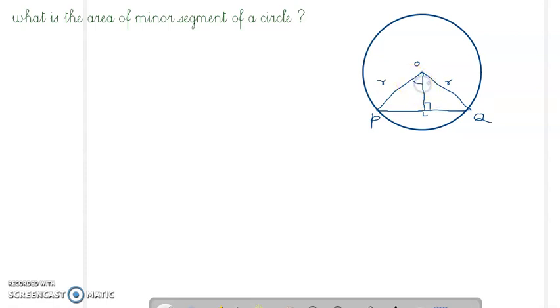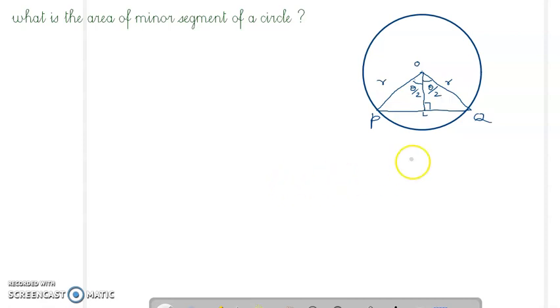If the total angle is theta, this angle will be theta by 2, and this angle is also theta by 2.